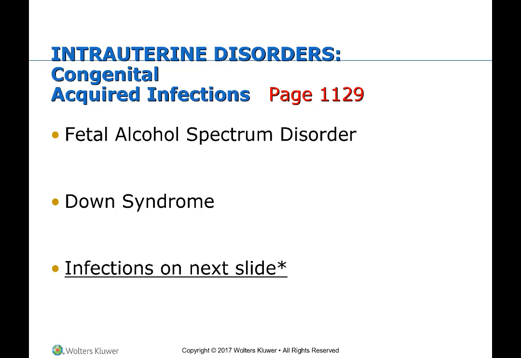Can also have problems with the heart and even mental retardation. So spectrum could be something that's barely noticeable to something very noticeable, very serious, even something that might cause death. So no safe levels of alcohol intake.